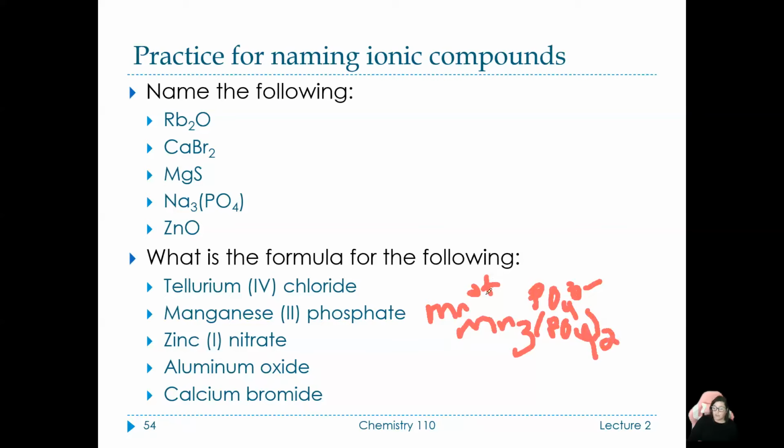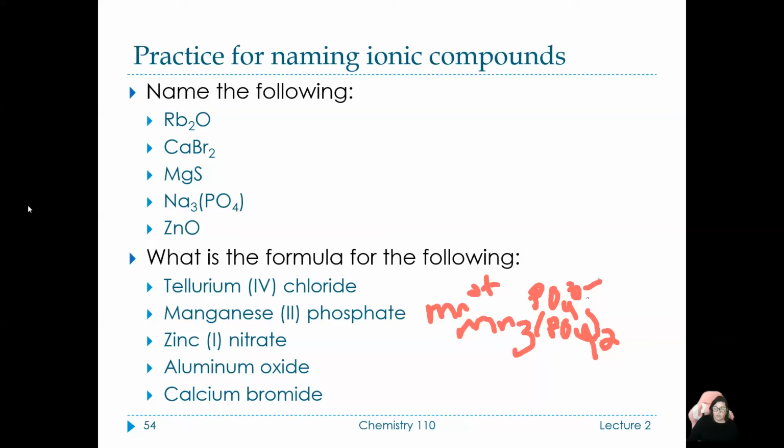Okay, cross multiplication. So I need 2 of these 3- groups to make a total of 6-. And I need 3 of these guys to make a total of +6. Okay, so that's how that particular one works.